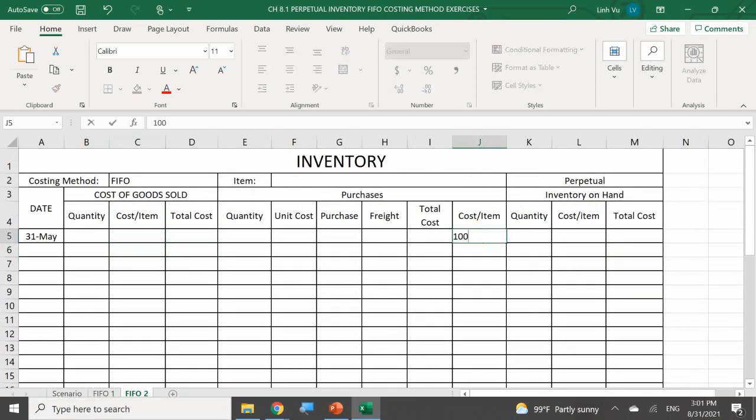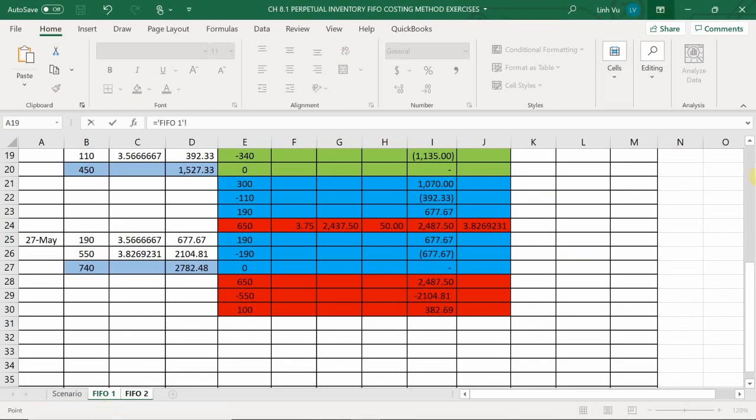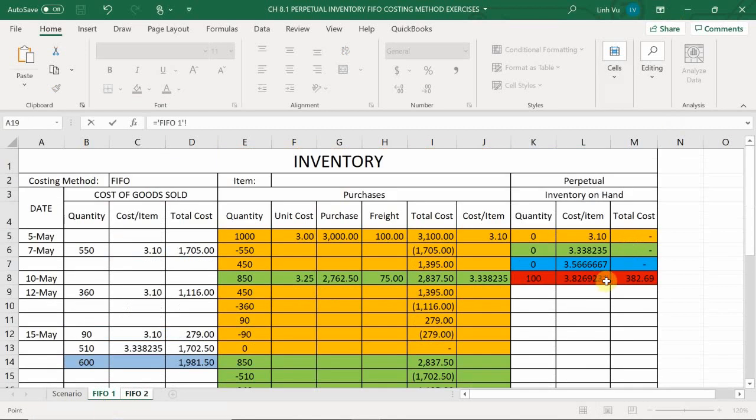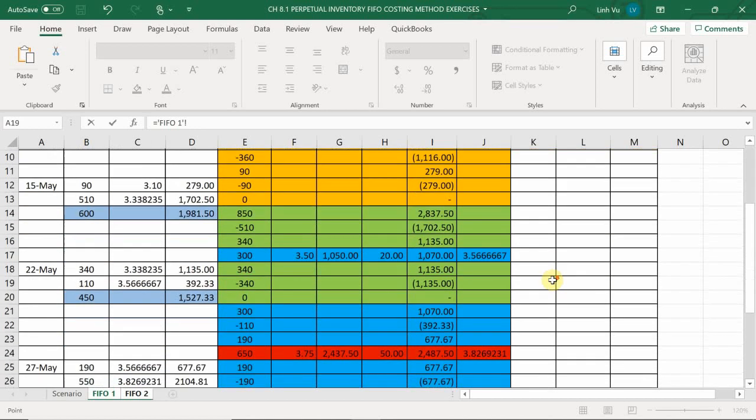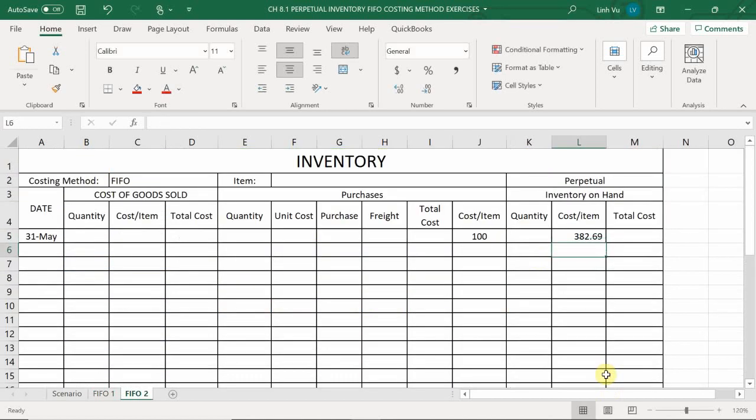So I have 100 units, which cost, let's see what the total is here, $382.69.